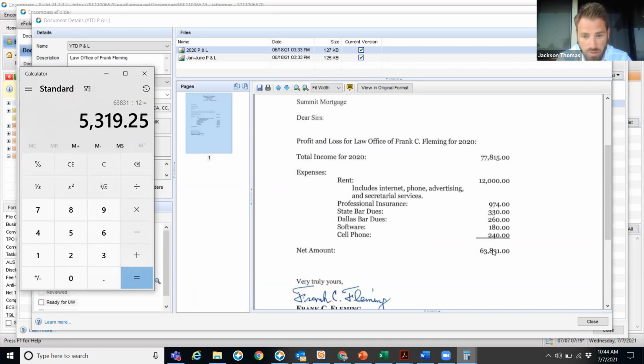We need to go back to the borrower and reconfirm: is this correct? Are you absolutely sure? Because sometimes borrowers don't know what they're doing. Before we put something into the file that's going to cause an issue, I'd like to have a conversation with the borrower. This is a landmine we want to avoid.